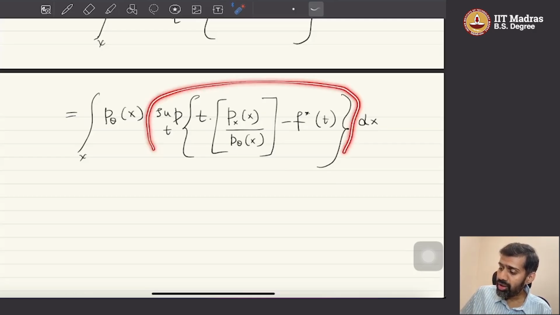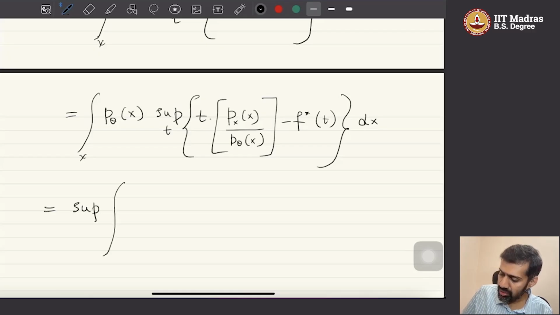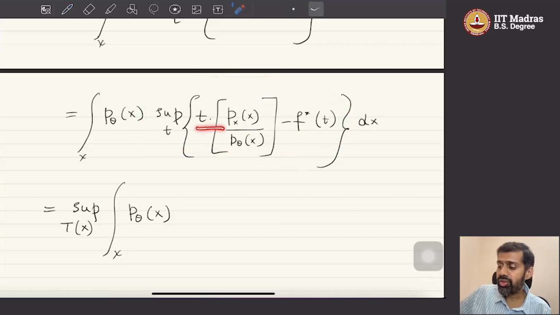Think about it. If you solve this optimization problem for a particular x, you get some t, which means that the solution for this inner optimization problem is a function of x. Therefore, if I bring the supremum outside the integral, the supremum is not with respect to t, but with respect to a function of x. Why is this a function of x? Because the solution for this optimization problem will depend on x, since it has x as its argument. So let me write that down.